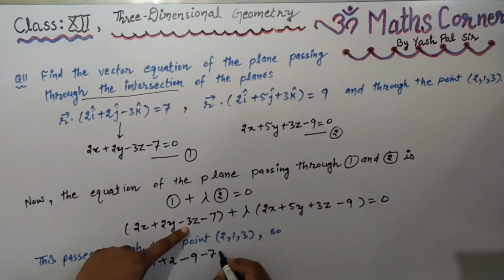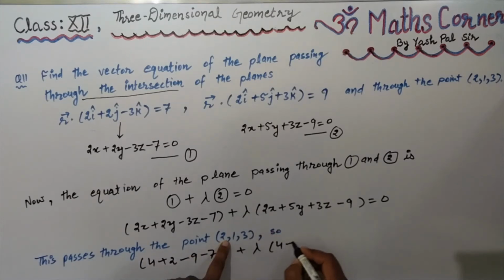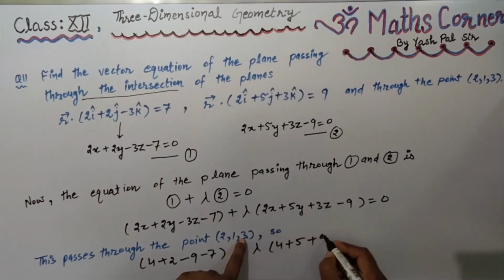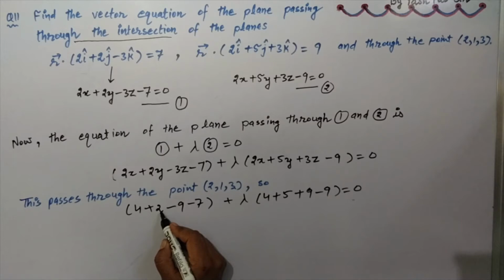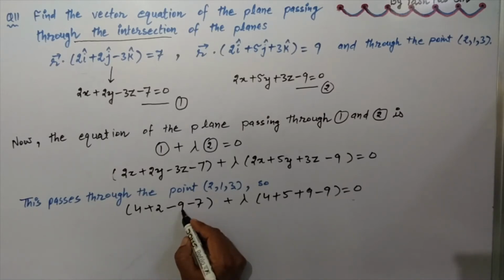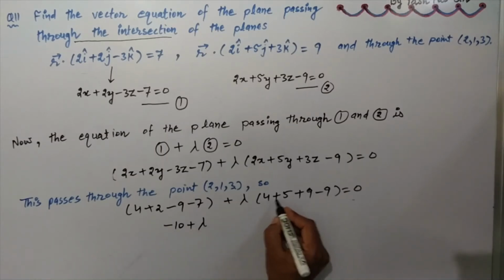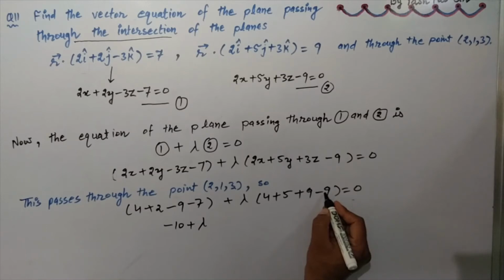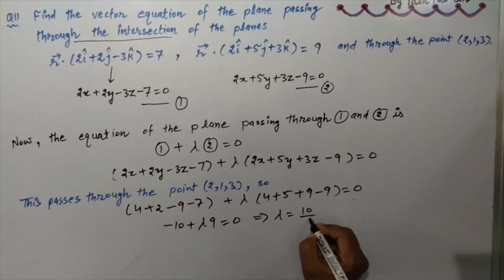So we have 2 into 2, 4, plus 2 into 1, 2, minus 3 into 3, 9, minus 7, plus lambda into (2 into 2, 4, plus 5, plus 9, minus 9). Now 4 plus 2, 6; 6 minus 9, minus 3; minus 3 minus 7, minus 10; plus lambda times 9 (the 9s cancel) is equal to 0. This implies lambda is equal to 10 upon 9.